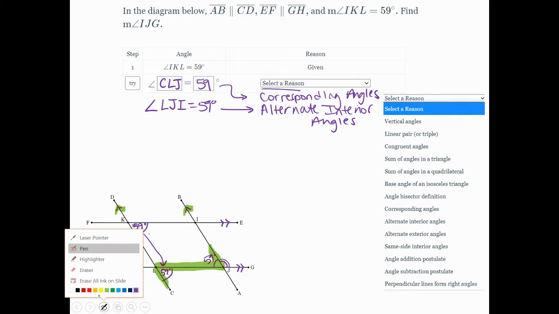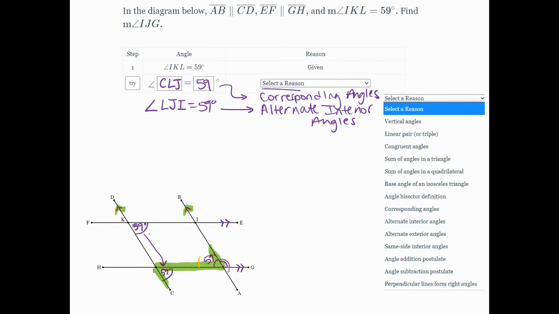Now I'm going to grab my orange, and I see that my 59 degrees and the angle I'm looking for happen to form a straight angle, which is 180 degrees. So I take 180, subtract out my 59, and I would get 121. So my missing piece is 121.